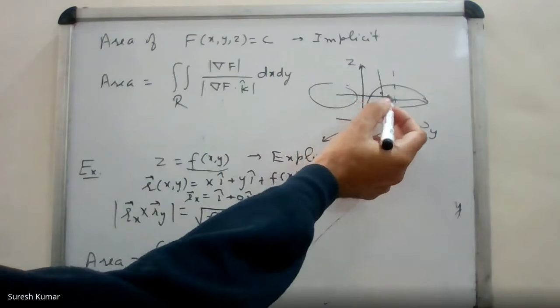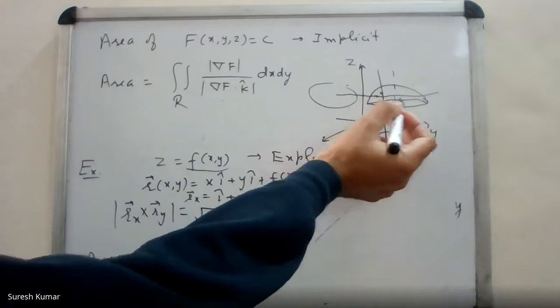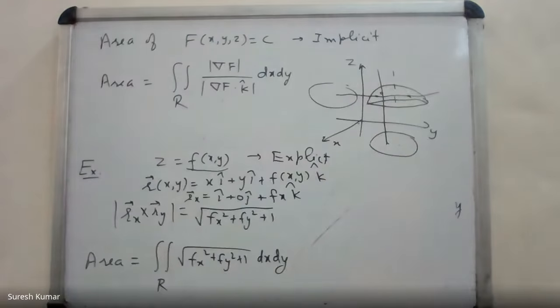If you draw a line perpendicular to the plane passing through the region, it intersects in 2 points. So this kind of projection is not allowed. Any line to the projected region should puncture the surface at most in 1 point.